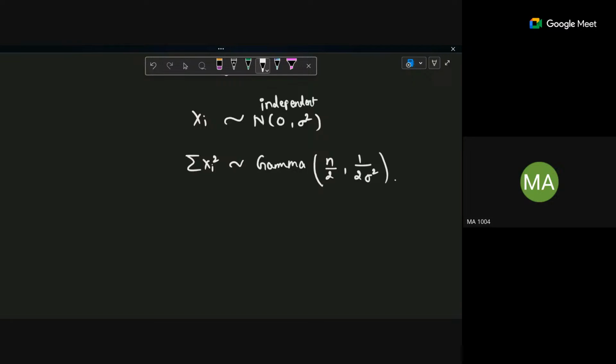So this was given there, and we have used that. So this is our alpha and this is our beta.